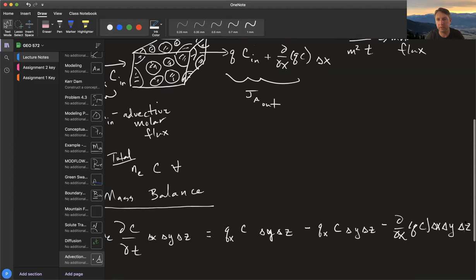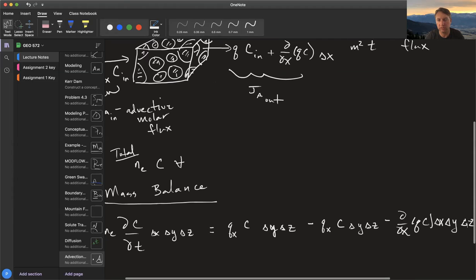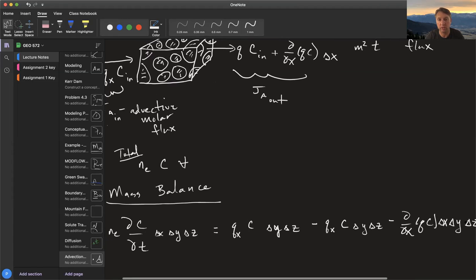I combined a few steps there because we've been doing these kinds of derivations enough that I feel like it's okay to do that.